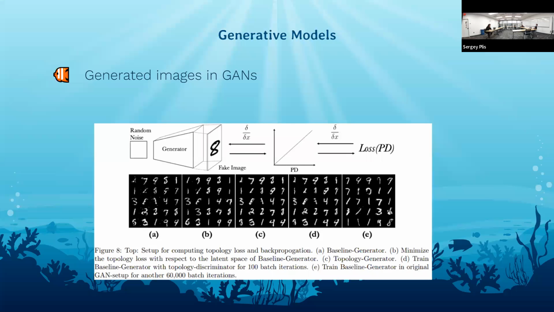You have these polygons, then triangles, then lines, and then points. I think this would be very helpful, for example, in contrastive learning, where you want two different images of the same object. If you can ensure that they have the same topology, it would be very helpful.